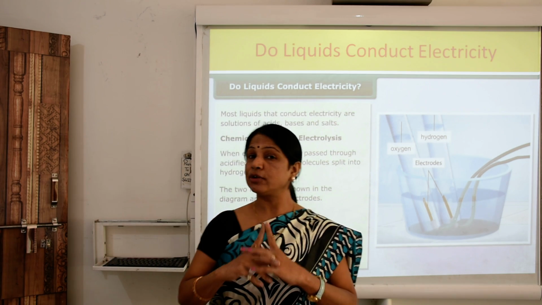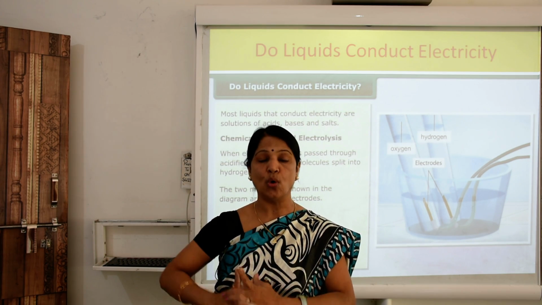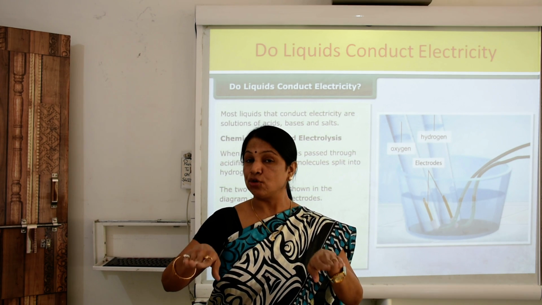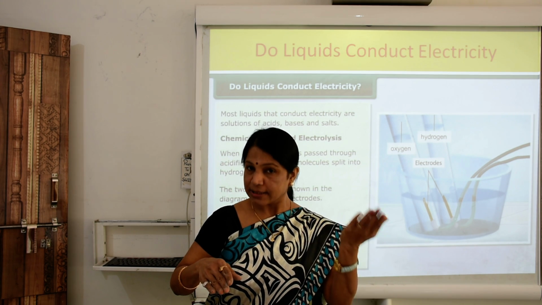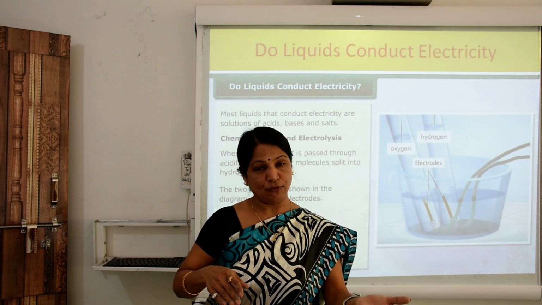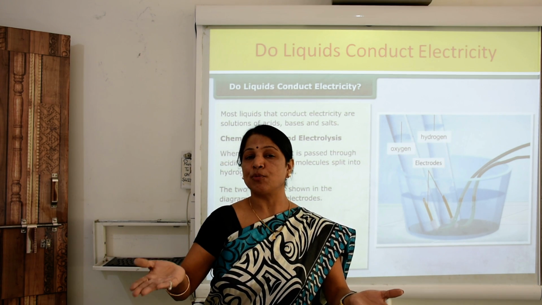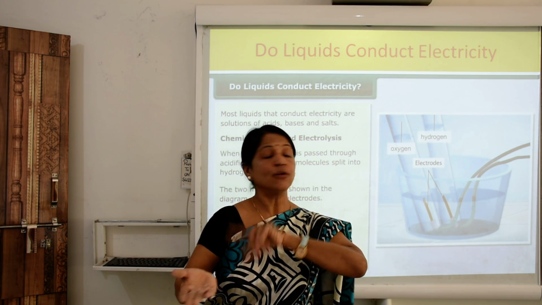What is the formula of water? H2O. So it is split into two. Hydrogen is deposited in one form and oxygen is deposited in another form.